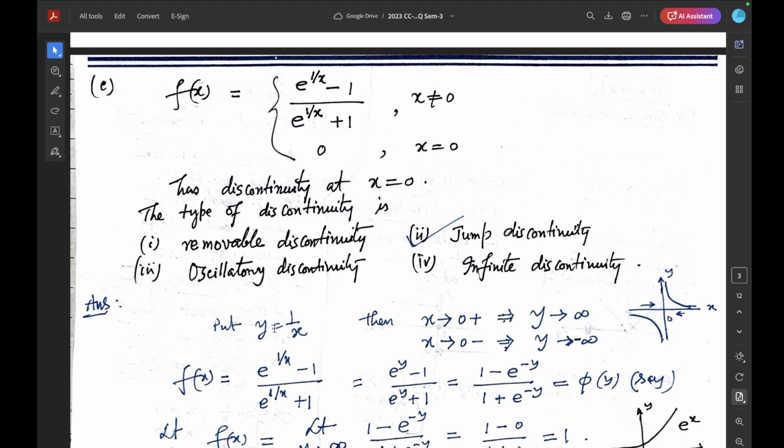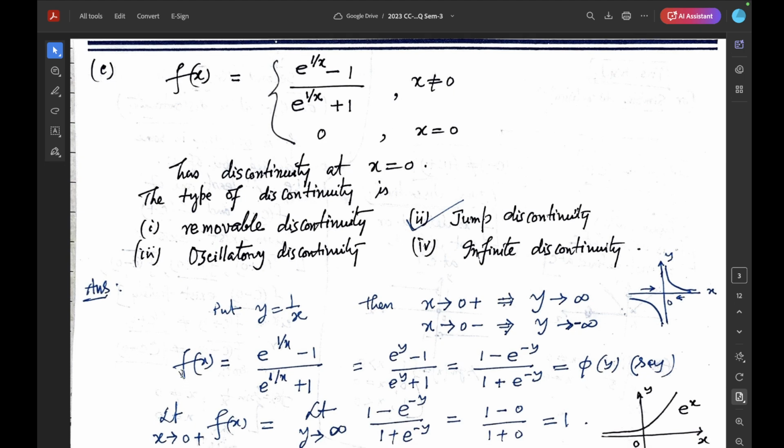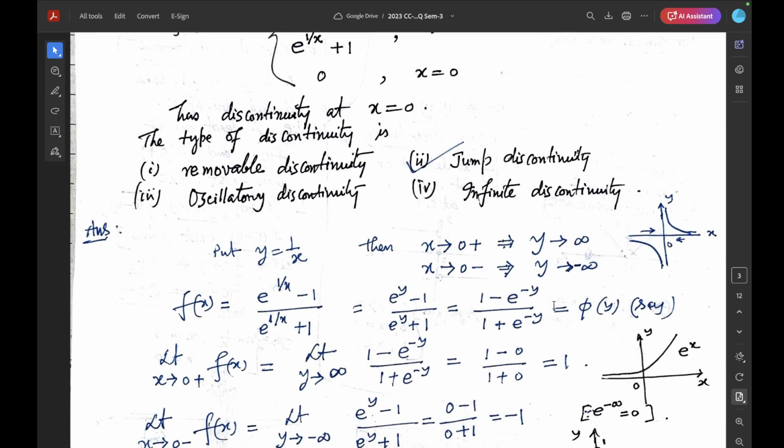Now put y equal to 1 by x. Then f(x) equals (e^y minus 1) by (e^y plus 1), which equals (1 minus e^(minus y)) divided by (1 plus e^(minus y)).